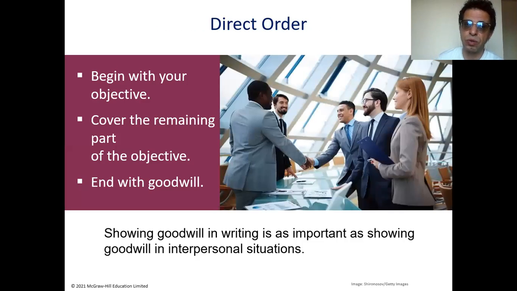For the direct order, you need to begin with the objective. You need to make sure to separate subjective from objective, and begin with the objective. You need to cover the remaining part of the objectives if there is any, and you have to end it with goodwill. Showing goodwill in writing is as important as showing it in a personal situation.